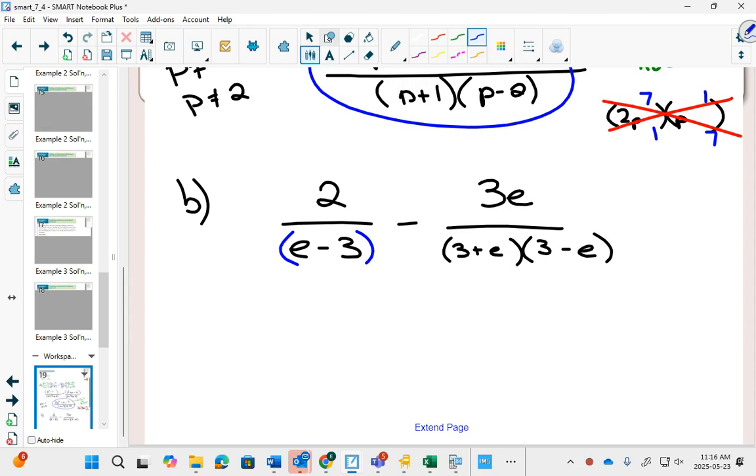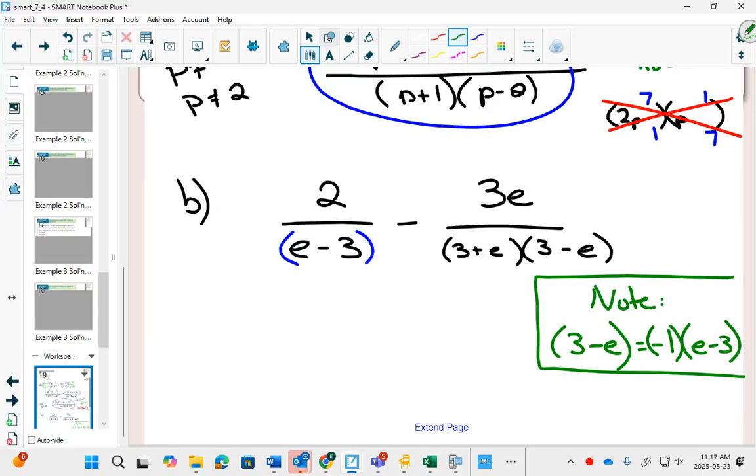The trouble is if we don't see the special note that we had from before, that when factors are almost the same with a minus sign, but in the wrong order, you can factor out a -1. And if you factor out that -1, the e would have been negative and the 3 would have been positive. But now it matches up with the e minus 3 over here.